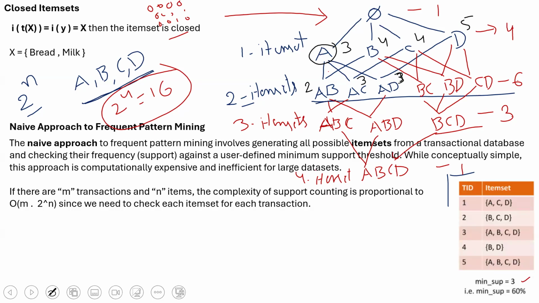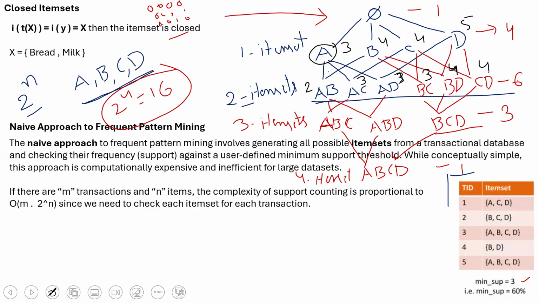So what is the support of BC? The support of BC is nothing but the number of transactions in which BC has happened. BC happened in 3 transactions. What is the support of BD? 4, right? It happened in 4 transactions. Support of CD, 4.